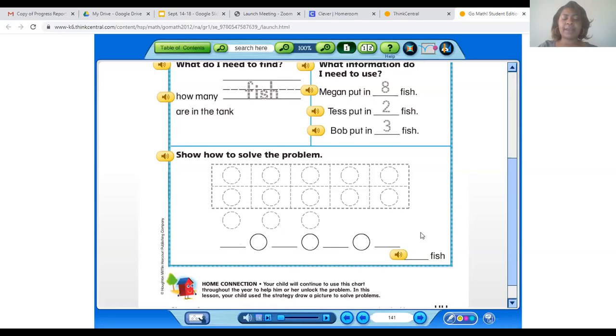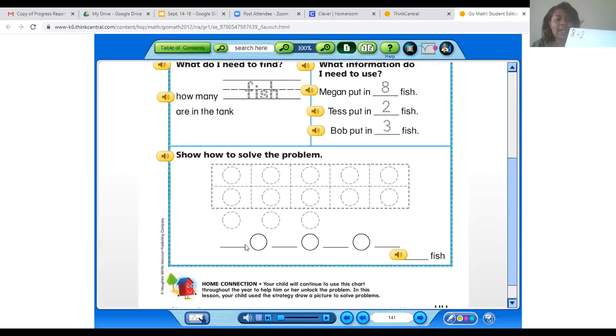So right here we have some missing things. So what's going to go here? I know, my addends. So first I'm going to write the number 8 here. So that's the number of fish that Megan put in. And since we're adding, in this first circle we're going to put a plus sign. 8 plus, how many did Tess put in? 2.